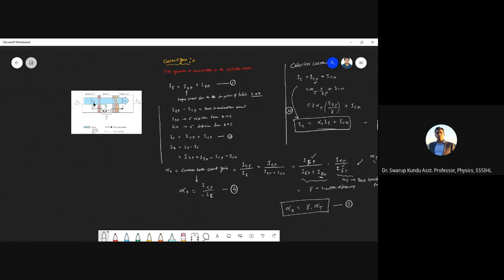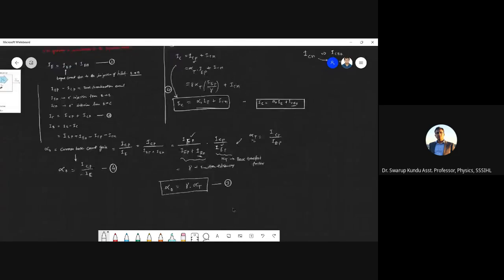The direction the electron flows and the direction the current flows are opposite, so you have to be careful. It's the same, but we have to take care of the direction when you talk about the flow of electrons. So you try to do these derivations for an NPN transistor.